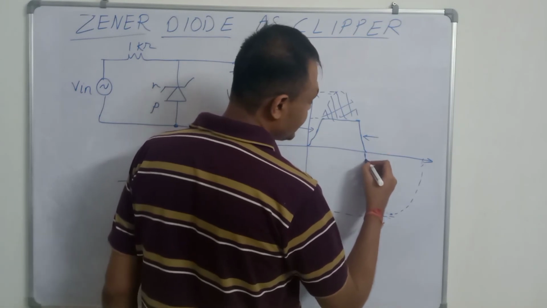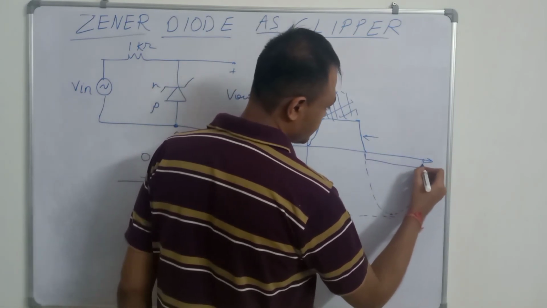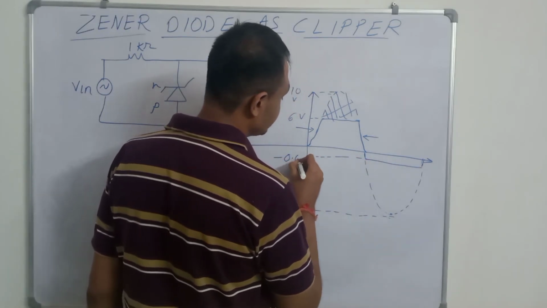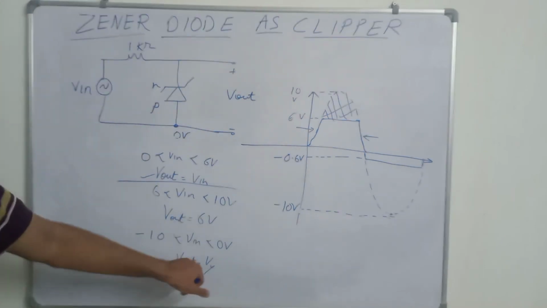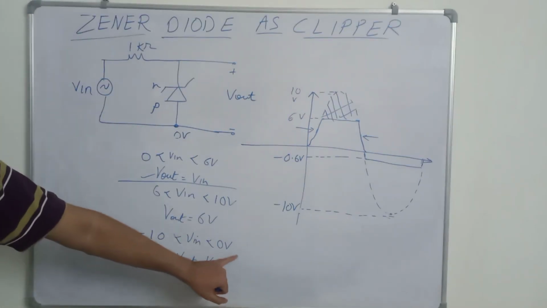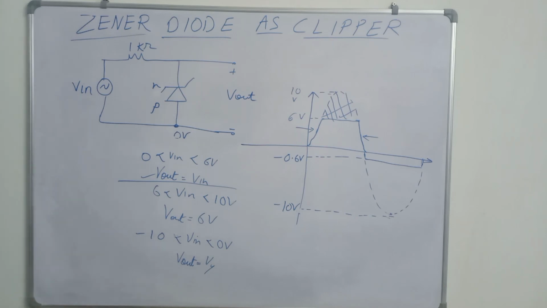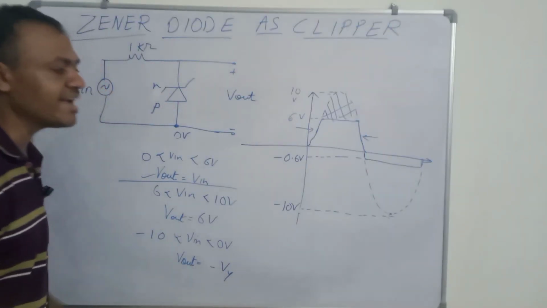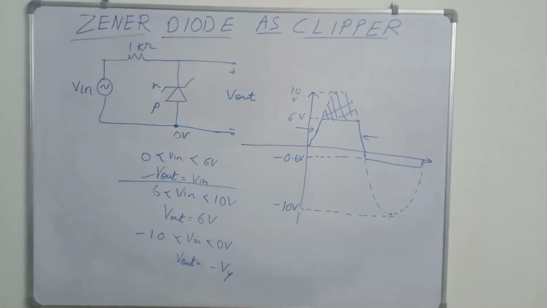So V out will be equal to minus 0.6 volt, the negative of the cut-in voltage. So these are the input and output characteristics.